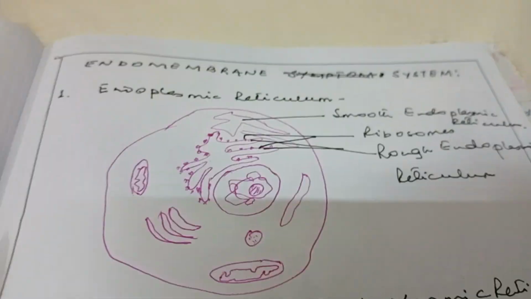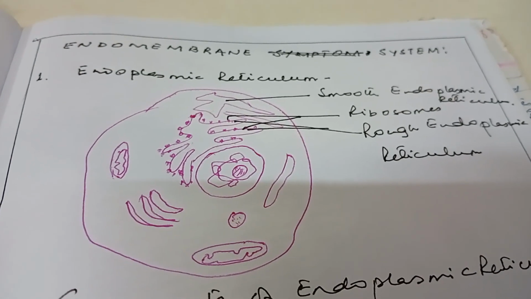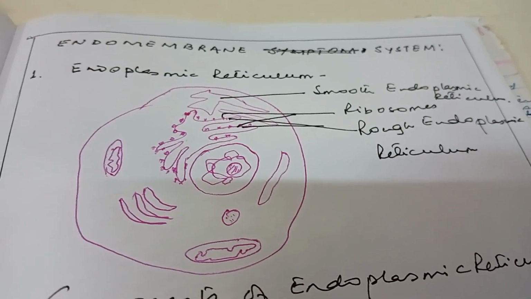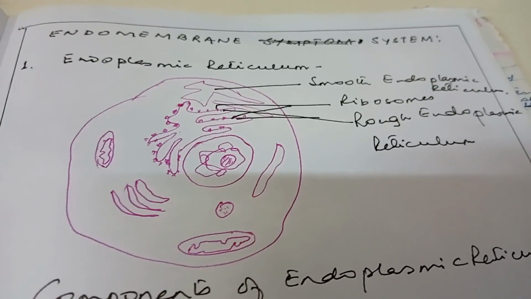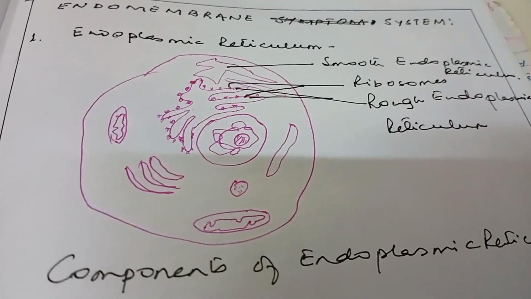Smooth endoplasmic reticulum is more abundant in adipose cells, intestinal cells, glycogen storing liver cells, pancreatic cells, etc.